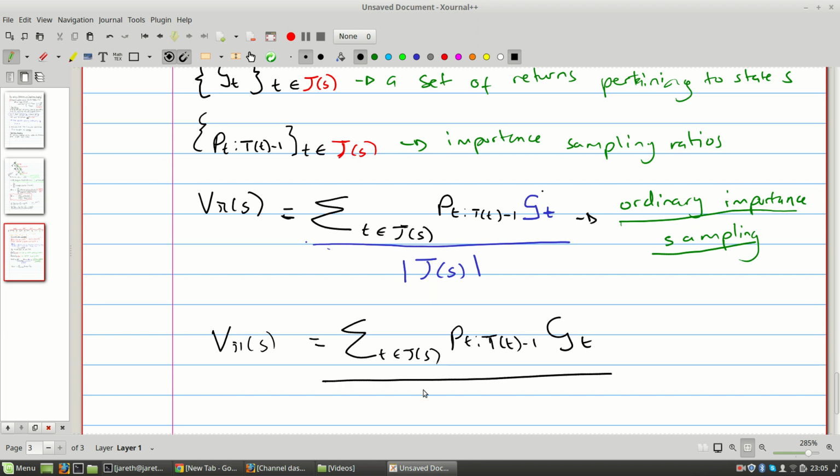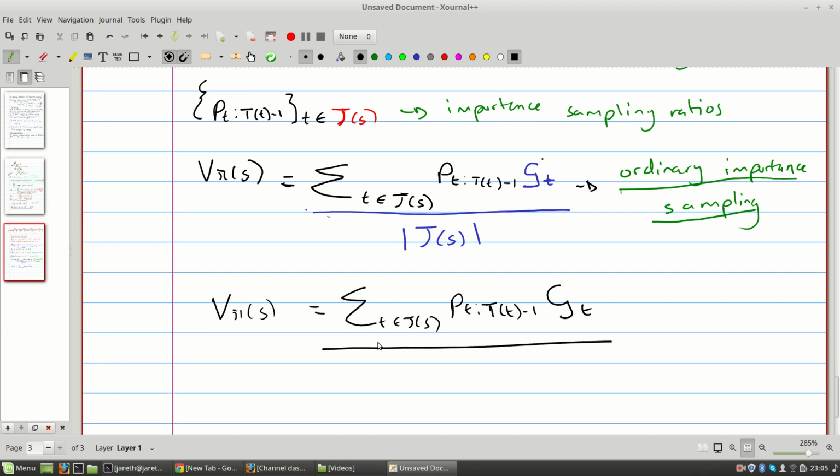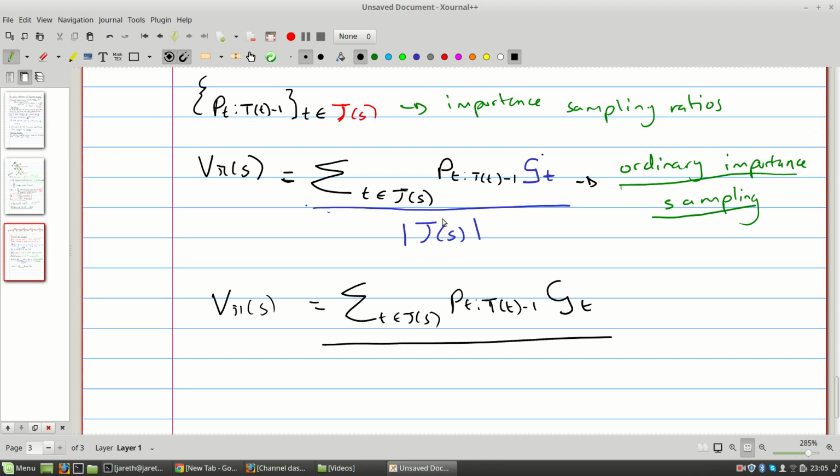So this is divided by, but now instead of dividing by the cardinality of tau of s, we just divide by the sum of the importance sampling ratios, because we're weighing based on the importance sampling ratios.